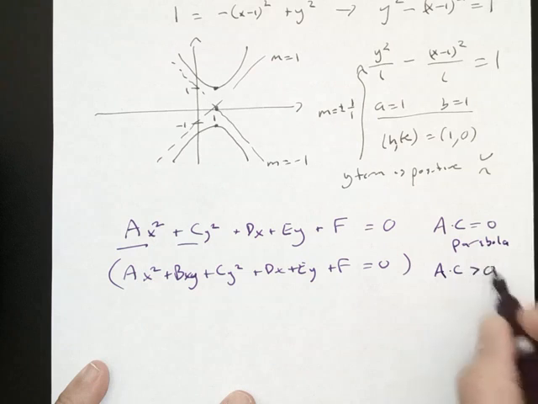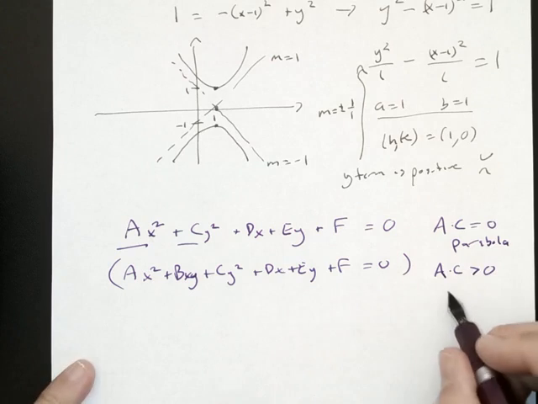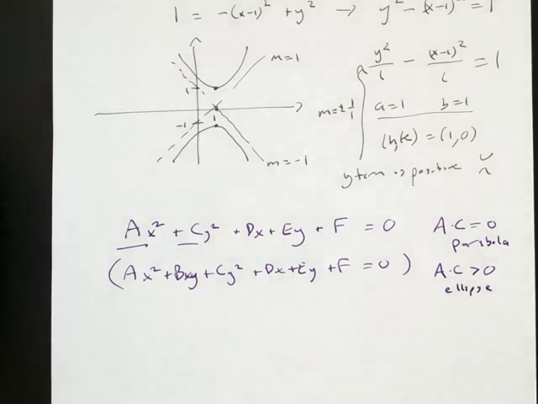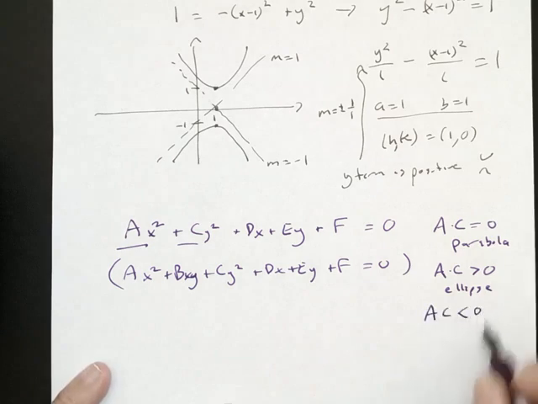If A times C is positive, then you have an ellipse, because as you just said, Nora, they have the same sign, so they're both plus or both minus. But if A times C is negative, then we have a hyperbola.